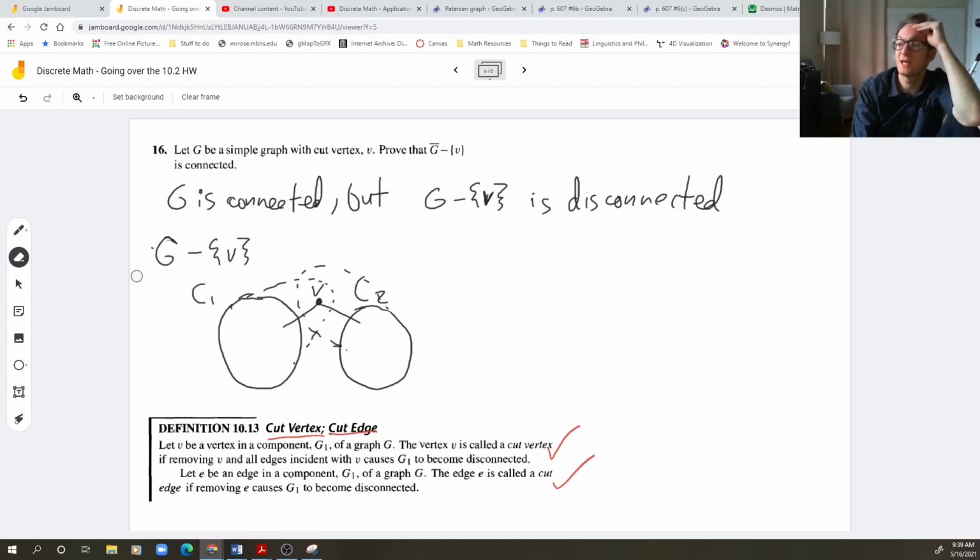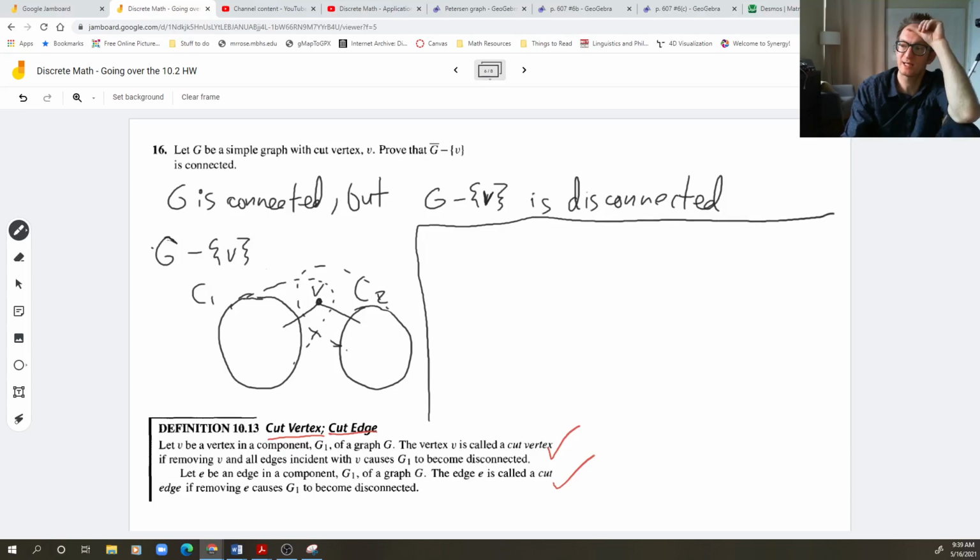And now, what can I say about G complement minus V? Well, I have to complement first and then remove V. What am I trying to show? It's connected. Maybe the best thing to do is just go straight for the proof and let the math do it. So how do I show that this graph is connected?